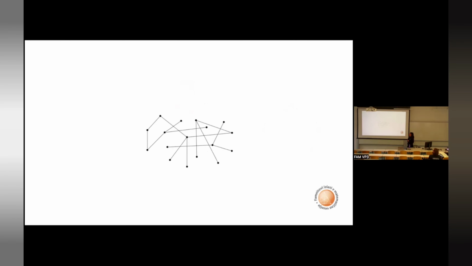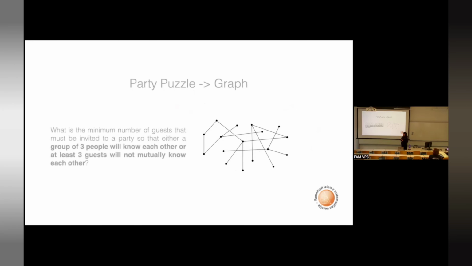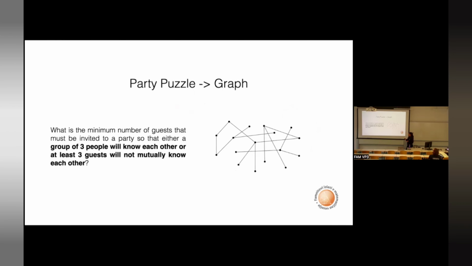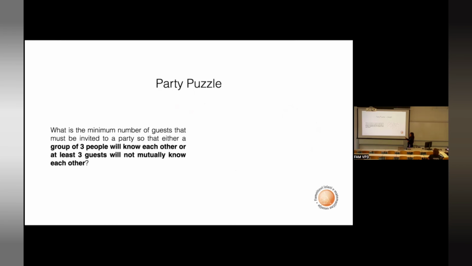Now I turn my problem from this party into a graph. What does this problem mean here? If 3 people know each other, or if 3 people don't know each other, what does it mean in this figure? Well, this means that I will have either this structure or this one.